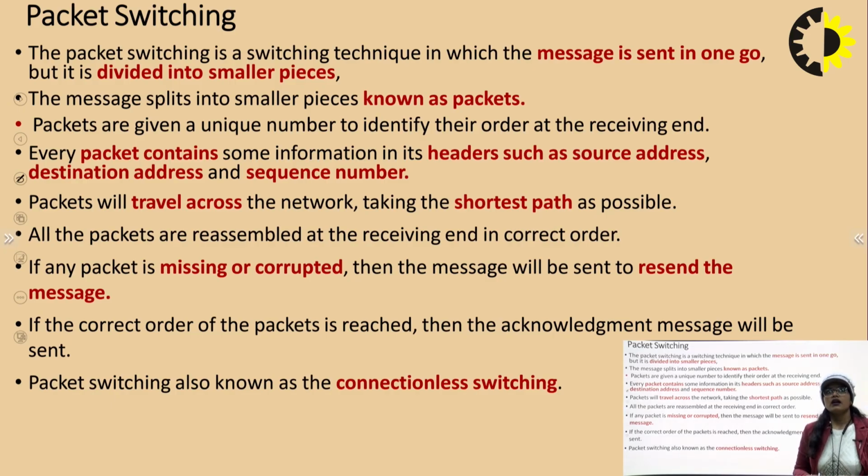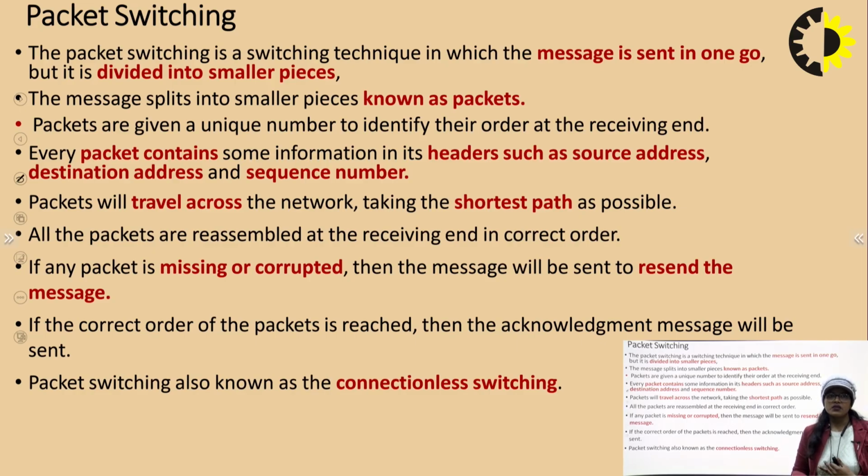So each packet is given a unique number, and these numbers identify the order of the packets at the receiver side. Every packet contains header information, and this header contains the address of the source and destination. Basically, packets are implemented in the network layer, on the internet, and on the internet each packet has a particular header containing information about the sender and receiver.